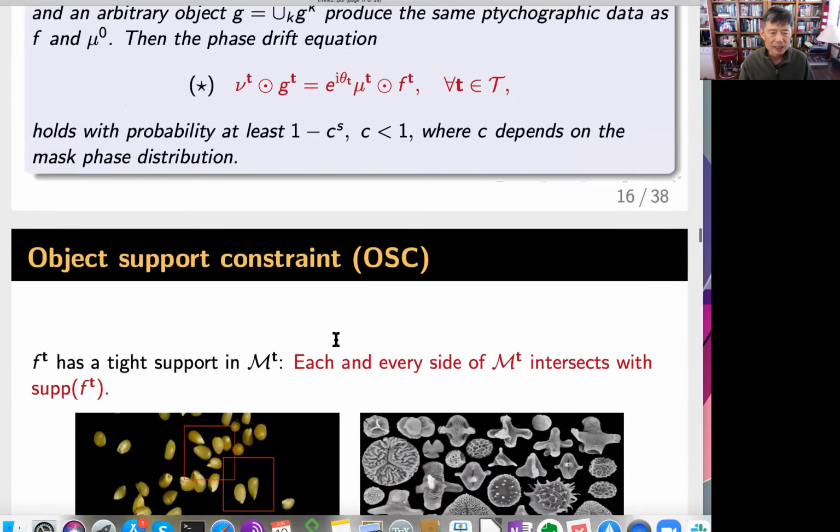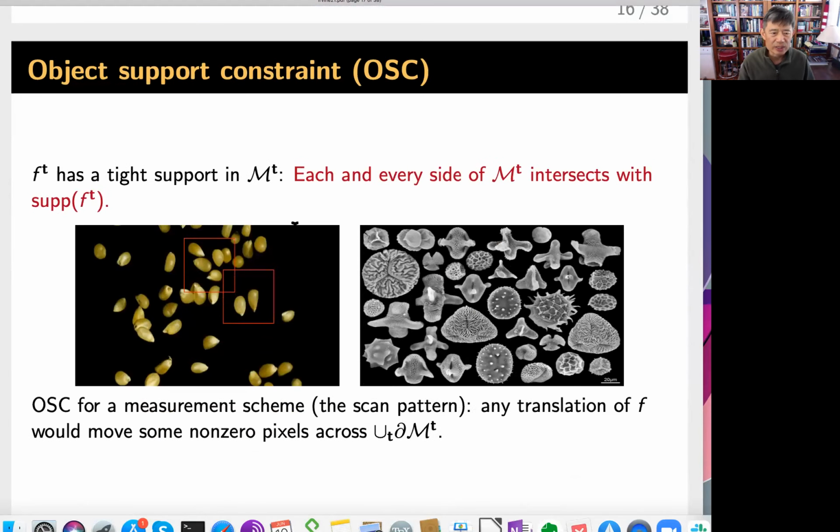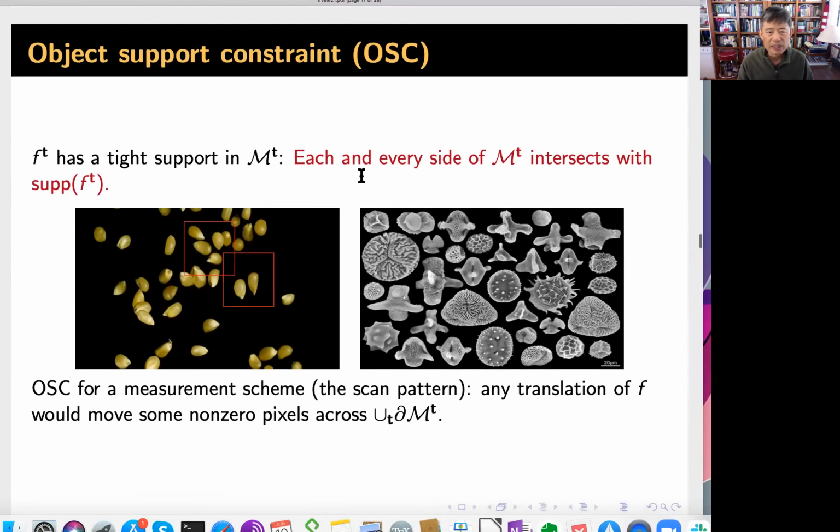All right, so the object support constraint simply means that you have to have one window whose foresight touches the support of the object. I consider that a very minor condition, unless you're dealing with an extremely sparse object.